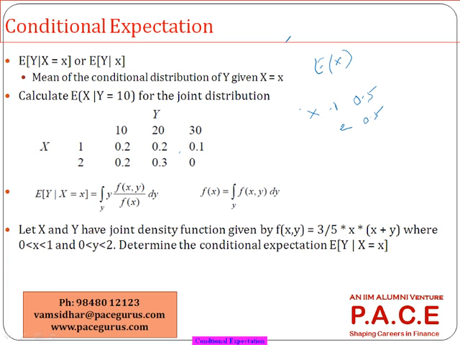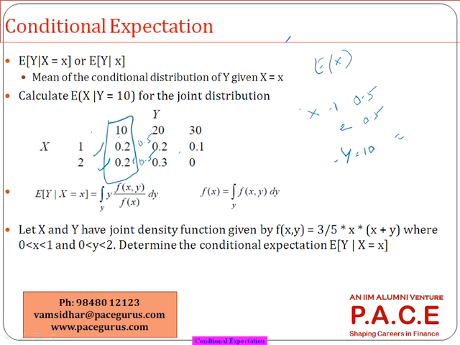And even if y equal to 10 is given, then only this part you are taking and you are finding out for x and y separately. The conditional probability is what you are finding out. So the conditional probability for this is 0.2 by 0.4, which is 0.5. This is also 0.5. So you are multiplying 1 into 0.5 plus 2 into 0.5, giving you 1.5.